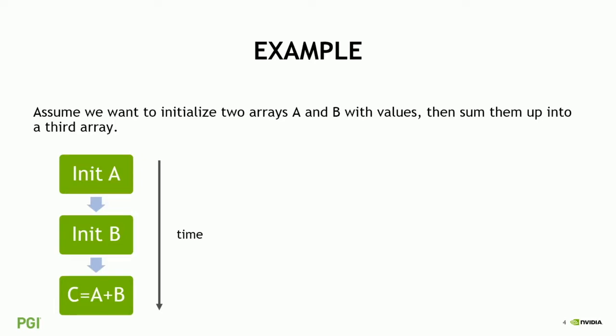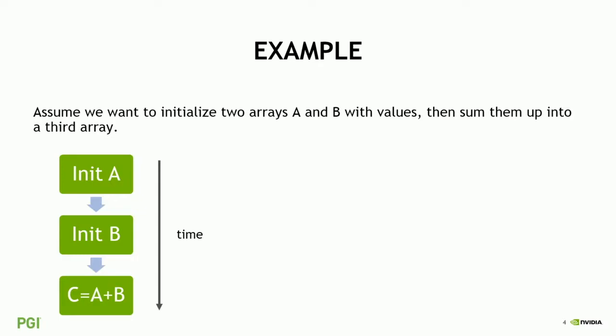Very simple example. Imagine we have two arrays and we just want to sum them up. So we have an array A and an array B. We want to calculate the sum of the two, and we need to put some values into A, we need to have some values in B, and then we create the sum.